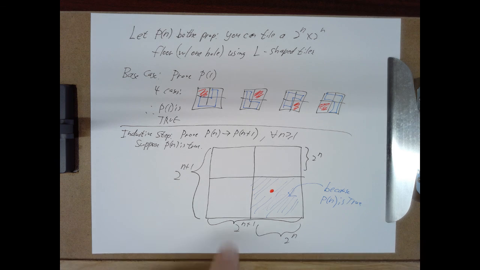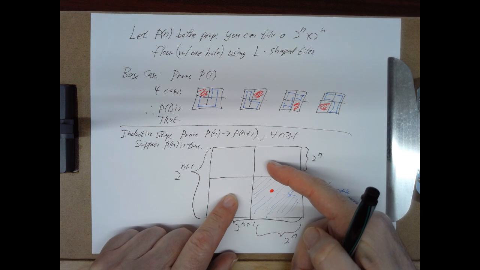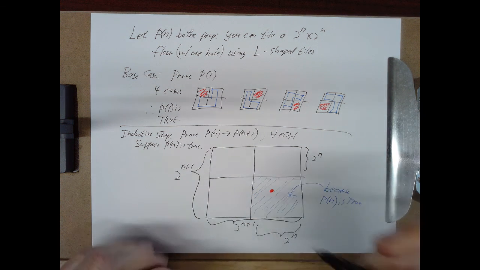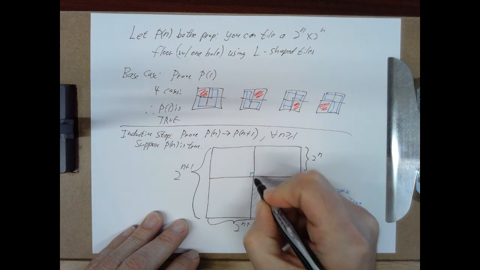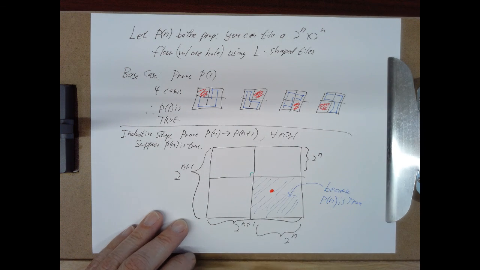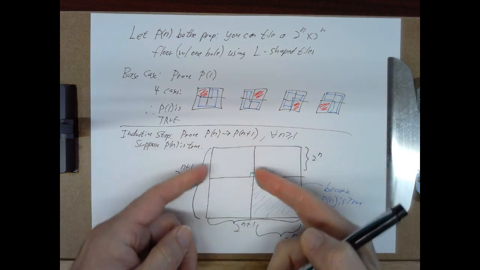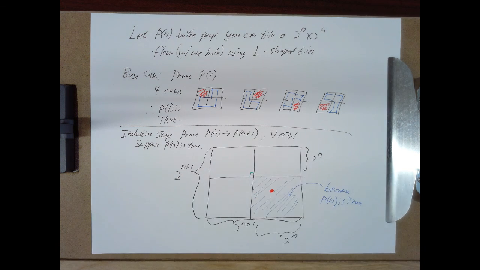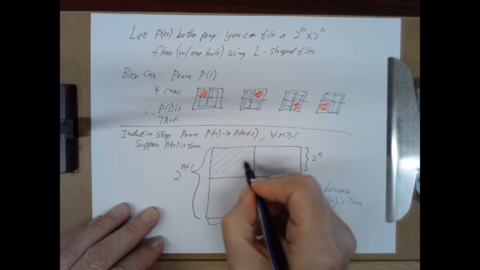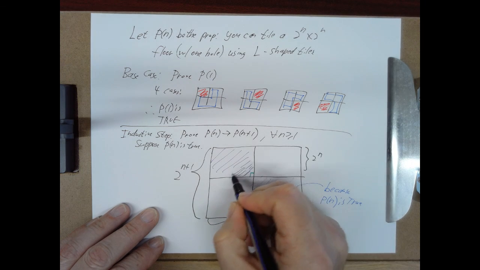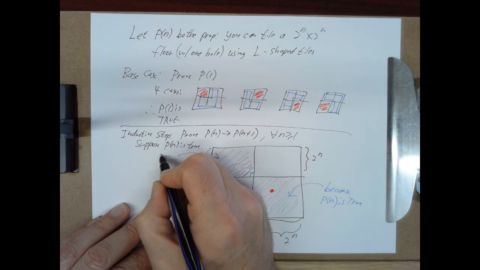We don't know anything about tiling these 3 remaining regions because P of n only applies if we have a hole in our 2 to the n by 2 to the n. So let's put a hole right here in the corner. And now this is a 2 to the n by 2 to the n region with a hole. We can tile that, excluding the hole, because of P of n.